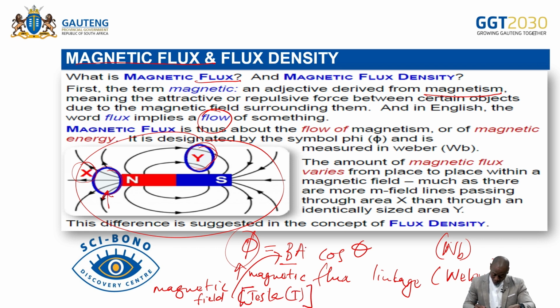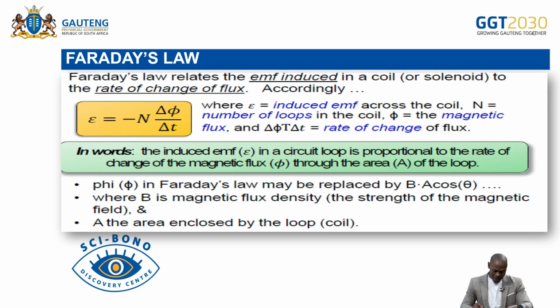We have A, which is the area, which is measured in square meters. And then theta is the angle between the normal to the plane and the magnetic field. Okay, so that is the magnetic flux.